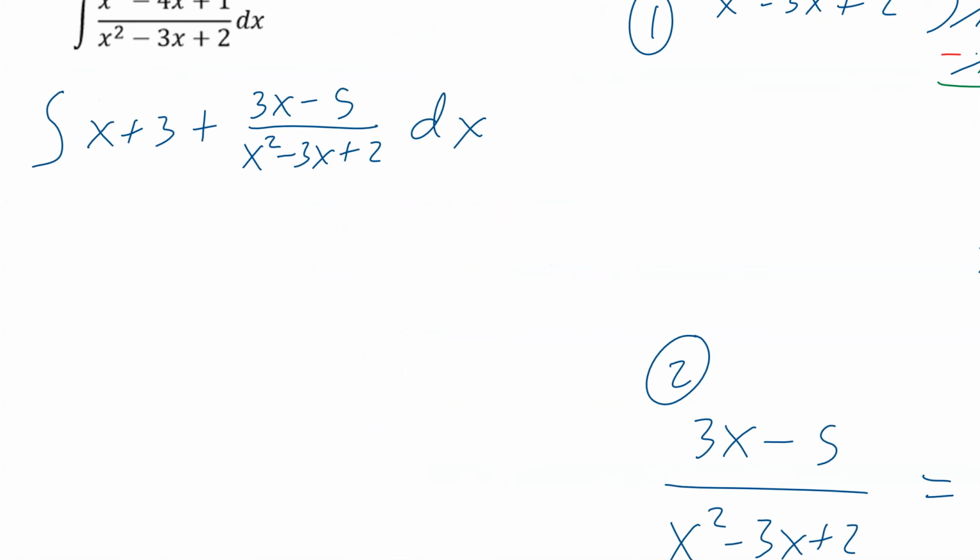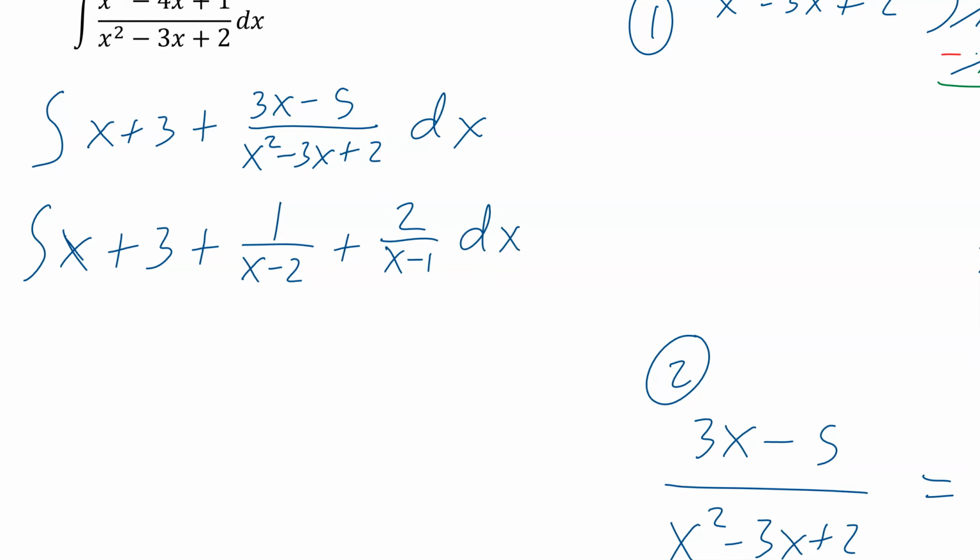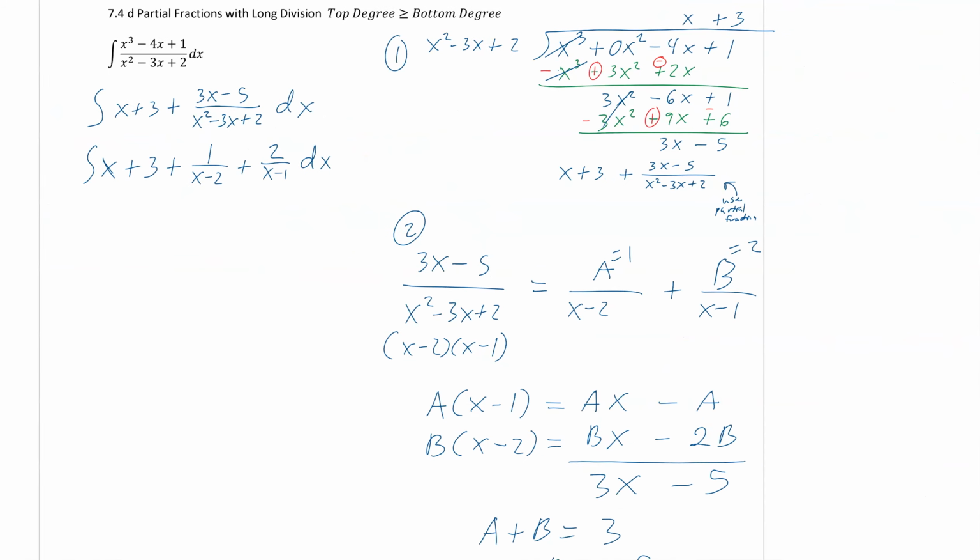we end up with the integral now of x plus 3 plus, and then it's 1 over x minus 2 plus, and you can leave the 2 because there's nothing underneath it, so we can actually write it nicely this way, 2 over x minus 1 dx, and let's double check this.